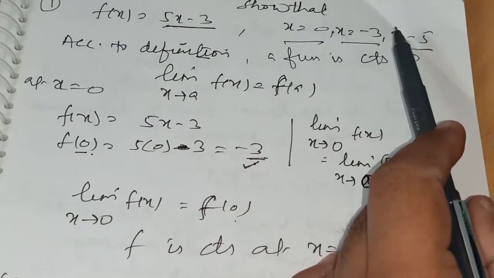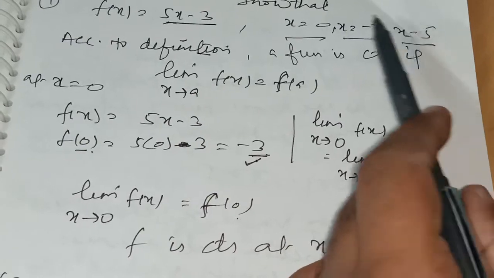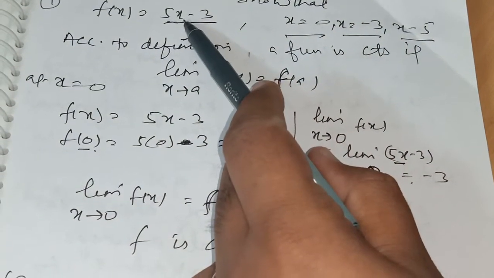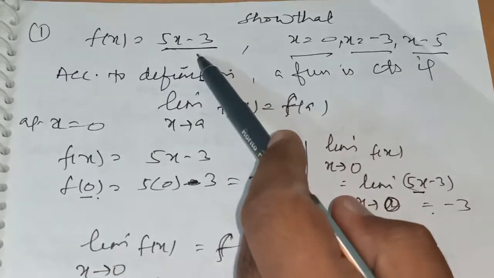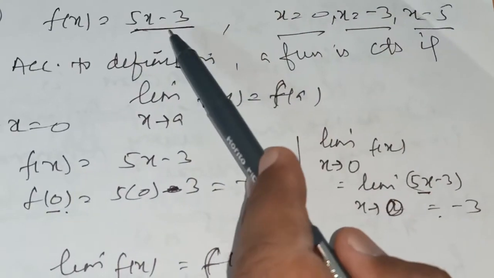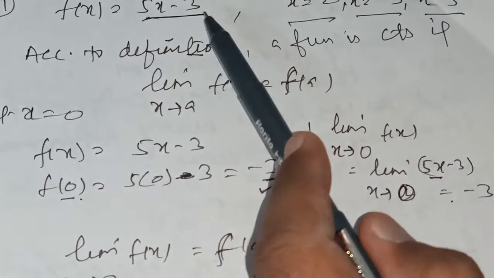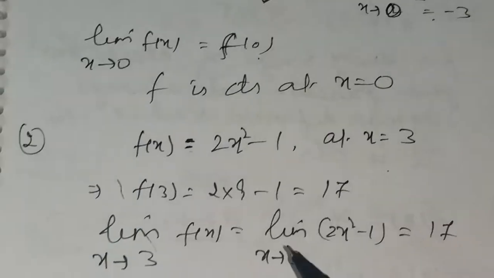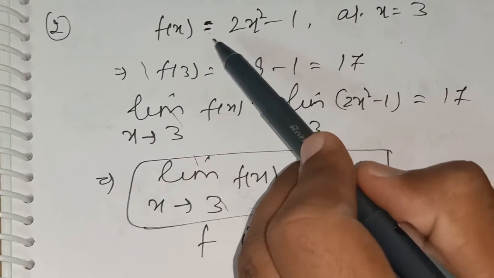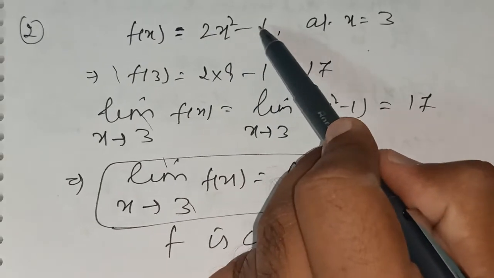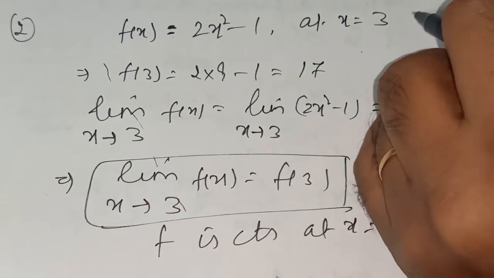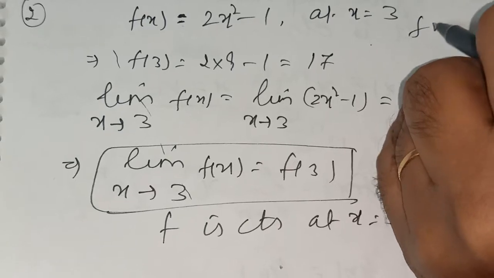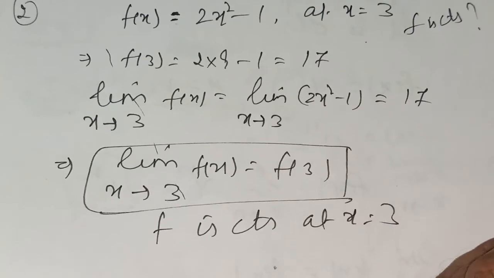Similarly, at x equal to minus 3 or at x equal to 5, after putting the value of x, you will find a definite value, and if at any point the function is defined, it is always continuous. So the function is continuous. One more example. If f(x) is equal to 2x square minus 1, at x equal to 3, we have to check whether f is continuous or not.